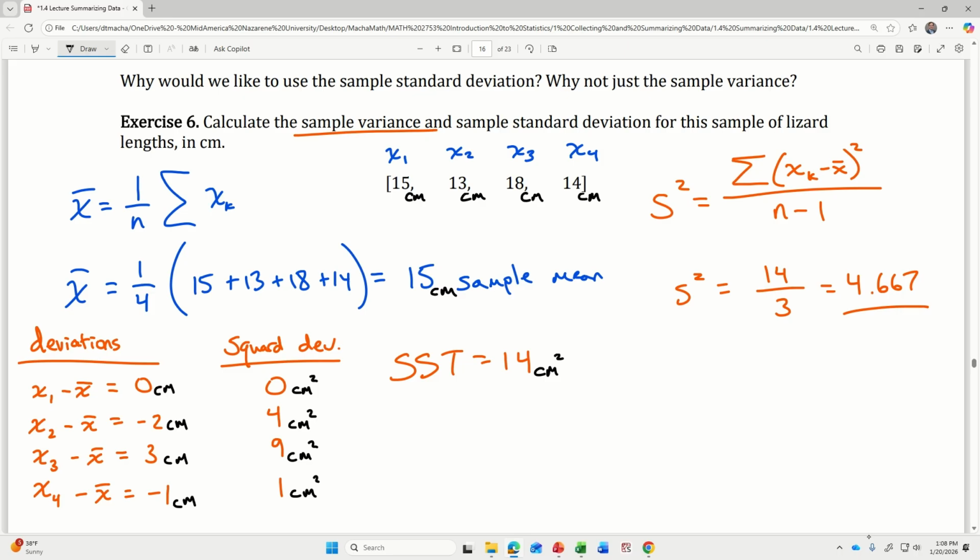And then over here, whenever I divide by the number 3, because there were 4 measurements and I divide by n minus 1, I'm going to get a number with units of centimeters squared. So the sample variance is an area.